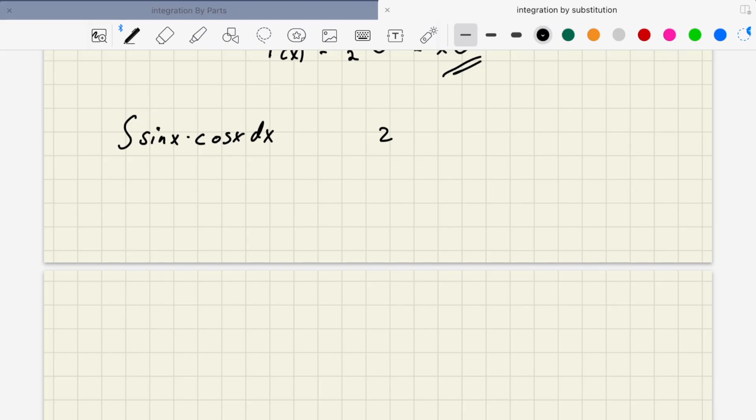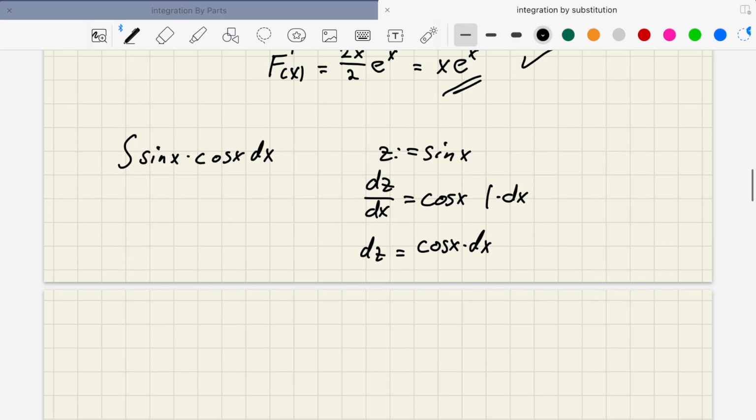First, we substitute sine x. Okay, as you remember, we go for the derivative. dz dx is equal to cosine x. And now we multiply by dx, so we have dz is equal to cosine x dx.